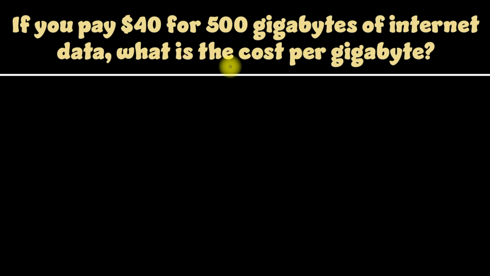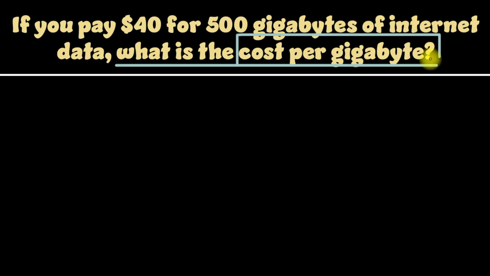Because of this last part right here. They're specifically asking for what is the cost per gigabyte. And because they're saying cost per gigabyte, right away, we're measuring how much money we have to pay for every 1 gigabyte. Not only is that a rate, but that's something called a unit rate.